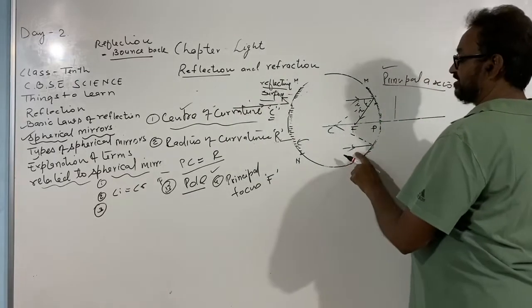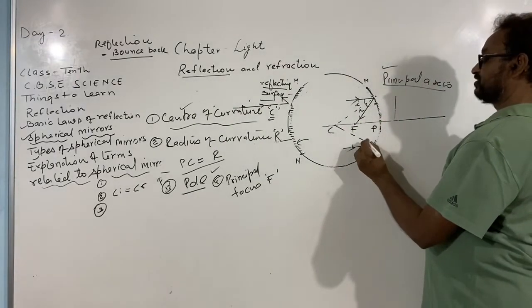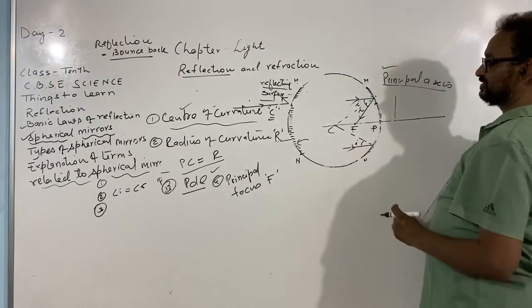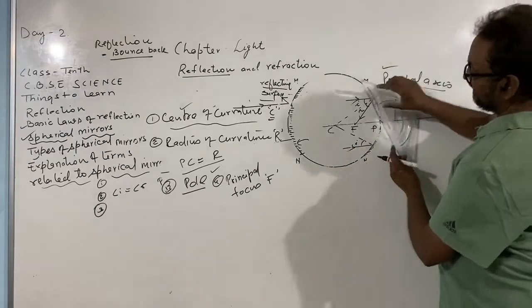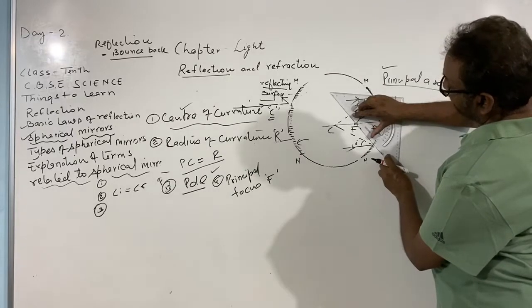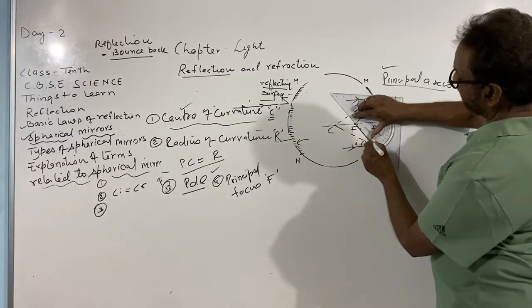This is the incident ray, this is the normal, this represents the angle of incidence. This ray of light will reflect such that the angle of incidence is equal to the angle of reflection.